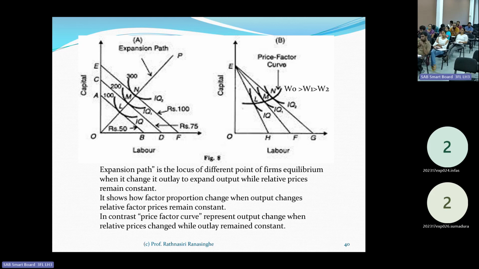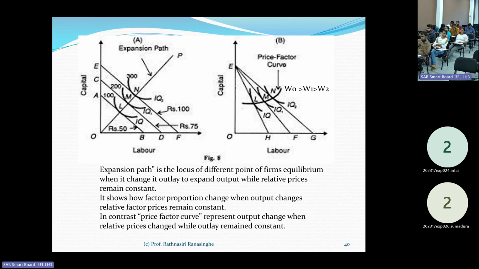Here we see factor prices change, but total outlay does not change. The total expenditure does not change. At a given level of expenditure, the producer can use more labor because of the decline in the wage rate, and you decide the optimal combination based on that.